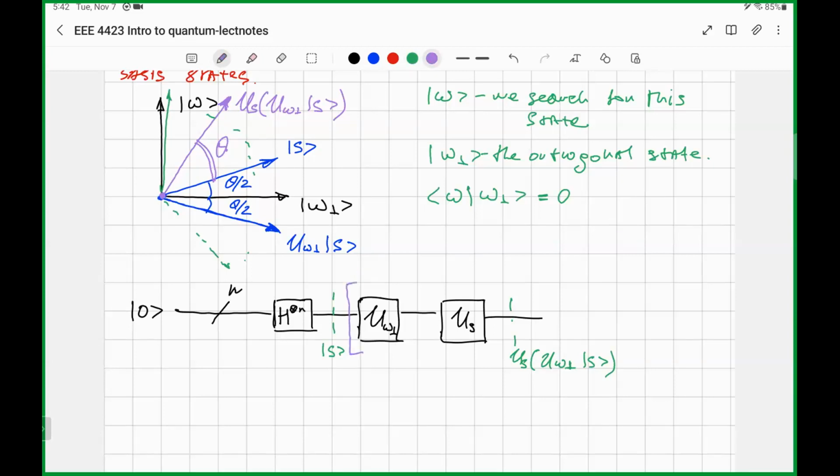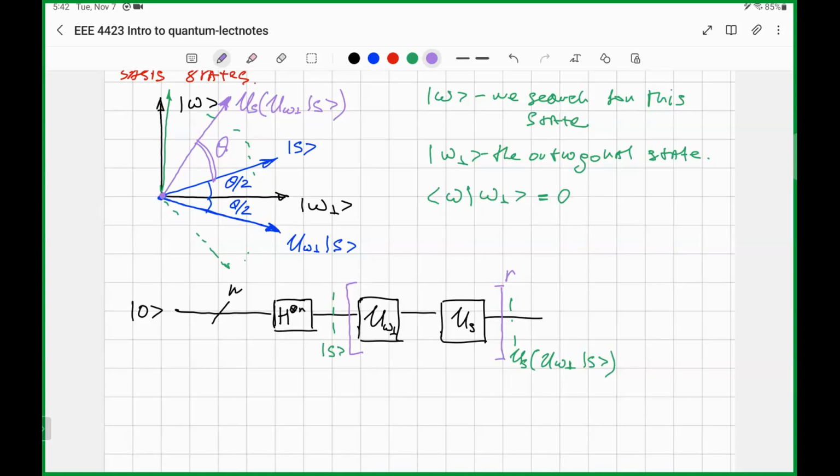Let's denote it by this rectangular parenthesis, to the power of R. So I apply this part of the circuit multiple times in order to get my resulting state to the state I'm searching for.